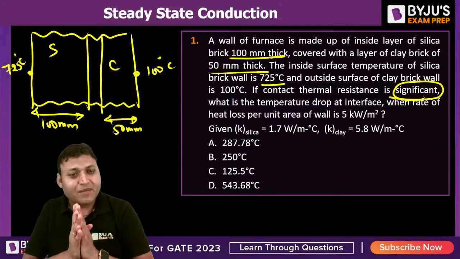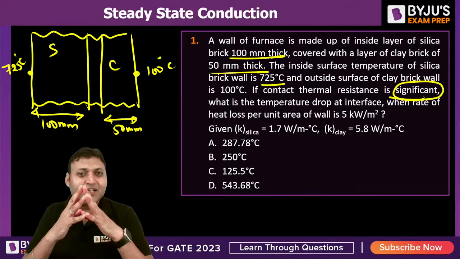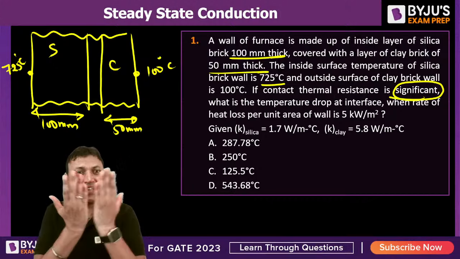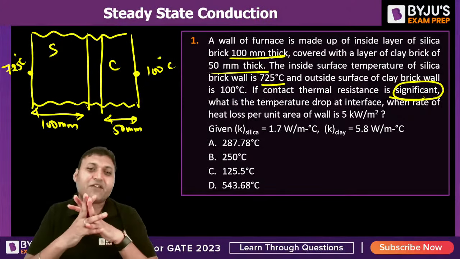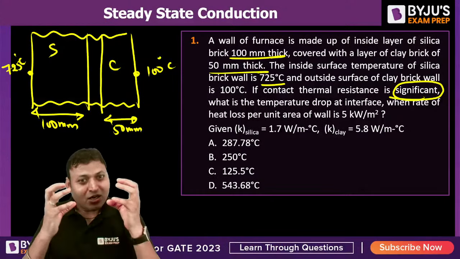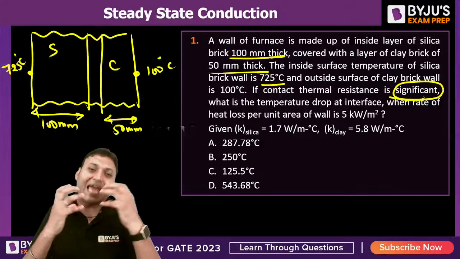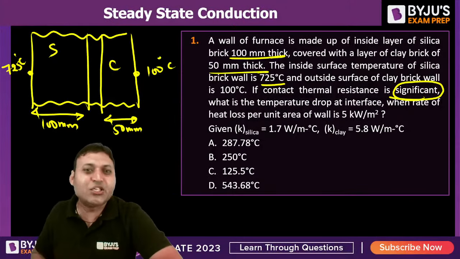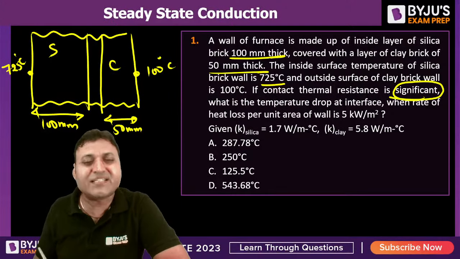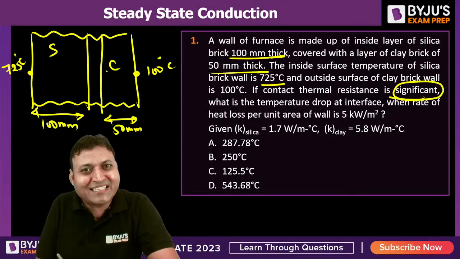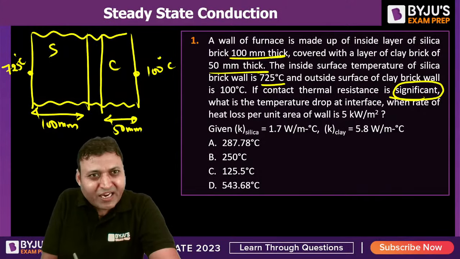Why does it happen? Where do we have the contact resistance? When the surfaces we are joining are not smooth, air is trapped in the gaps, and air is a thermal insulator. That is why it reduces the rate of heat transfer. It acts as a thermal resistance to the heat flow.